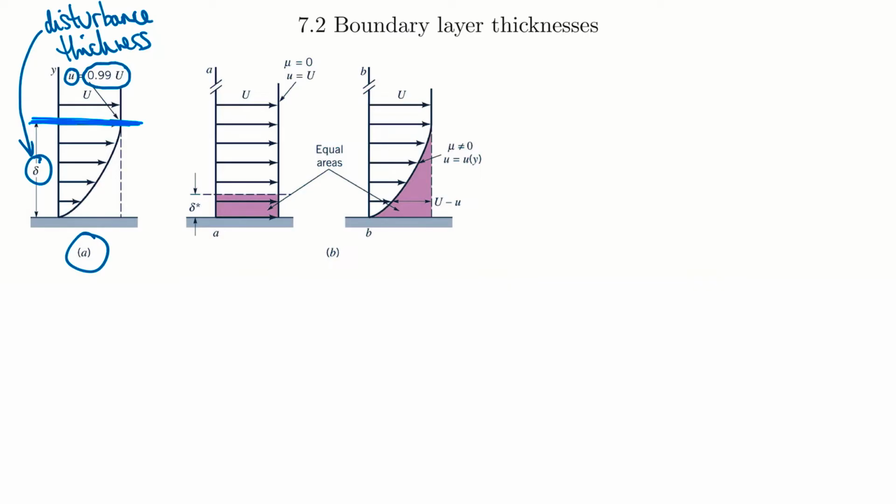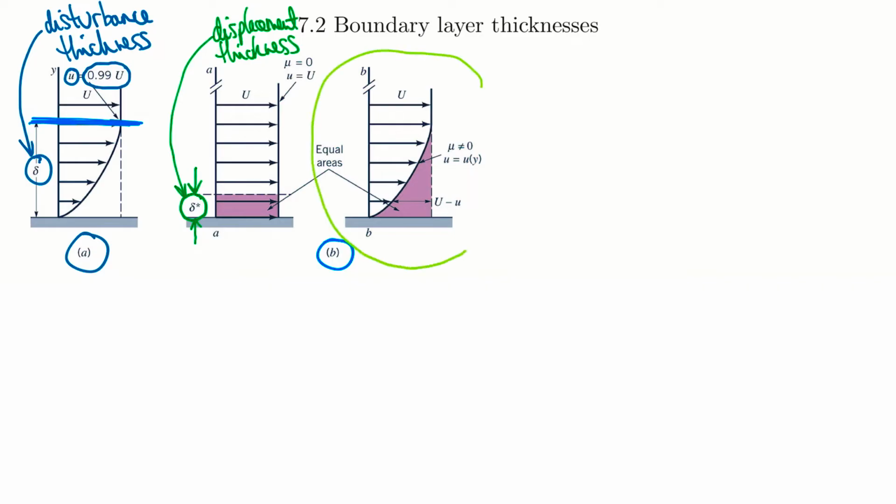So we have other definitions. In B here, we have what's called the displacement thickness, denoted as this delta star. This is what the actual flow looks like in this one here. The flow slows down near the surface because of the no slip condition, so you have this region that's shaded in.